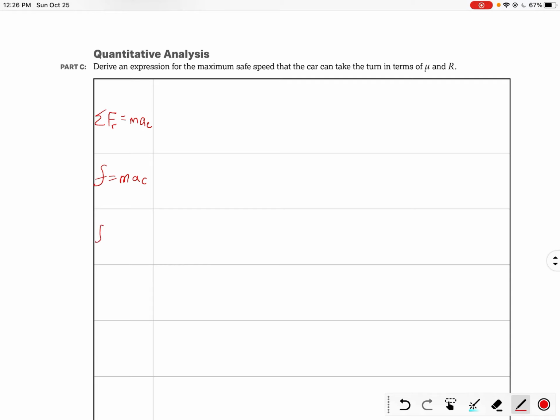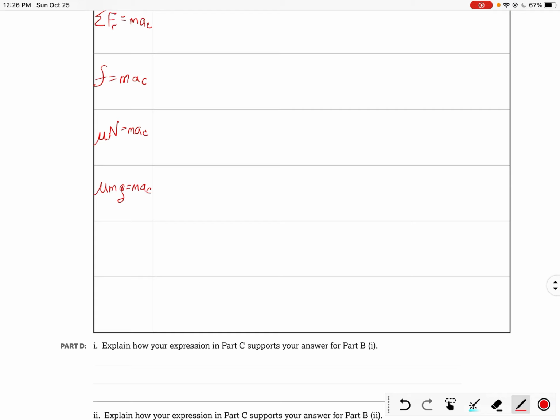So the force of friction is equal to mu times the normal force, and that has to be equal to the mass times the centripetal acceleration. We can see that the normal force is simply m times g. So again, at each step along the way, we're kind of describing what we're doing. And then I think the next step would be plugging in exactly what that centripetal acceleration is, the v squared over r.